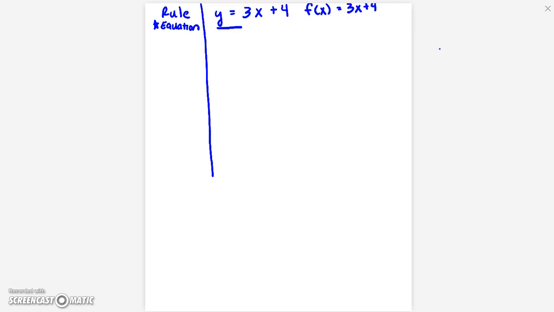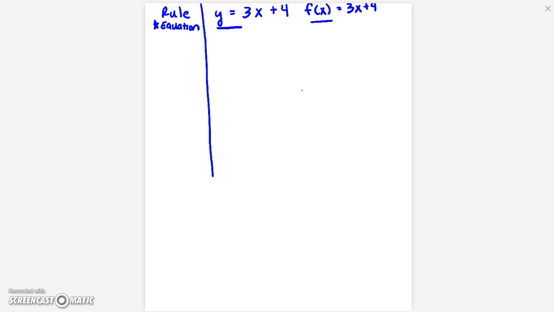The reason we use f of x is that what we're saying is the function of x is equal to 3x plus 4. That's the notation we use. When you see f of x, you know for a fact that it is a function. And it's really interesting, and I'll show you in just a second how that works.